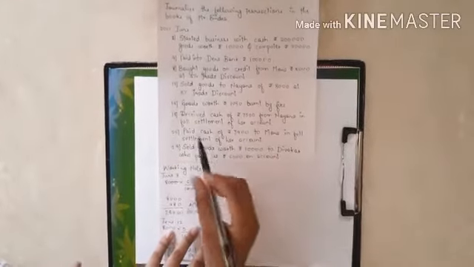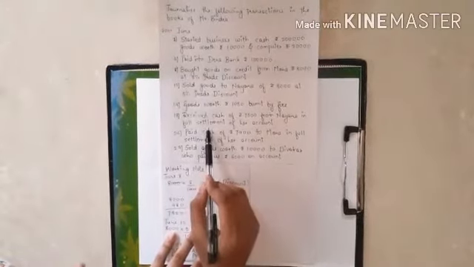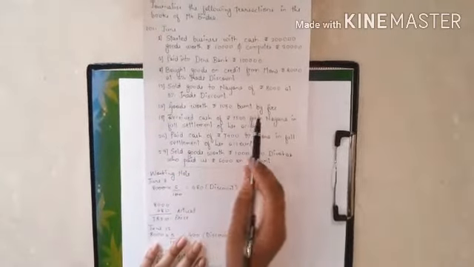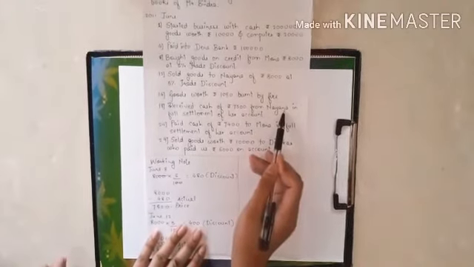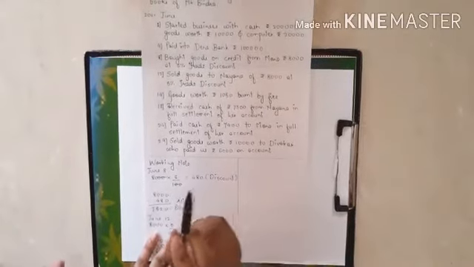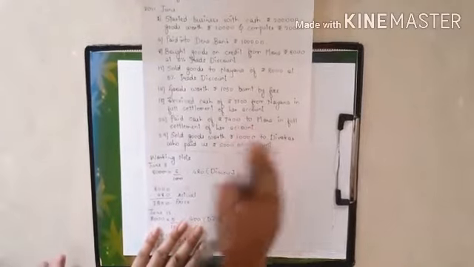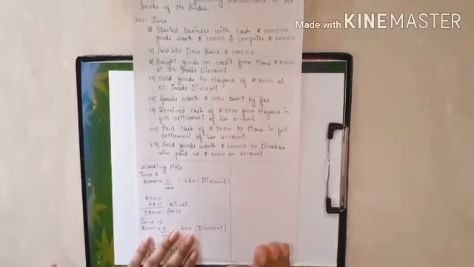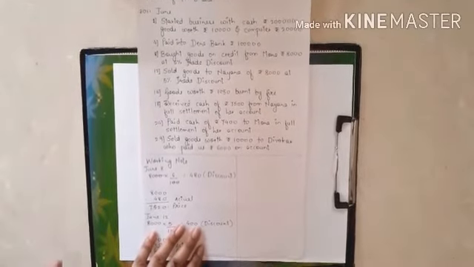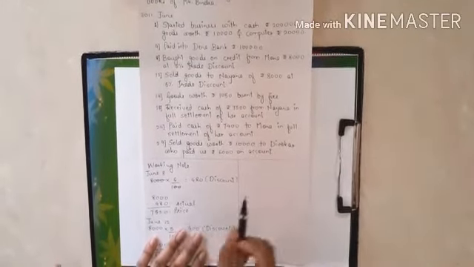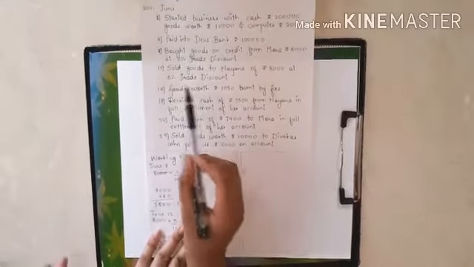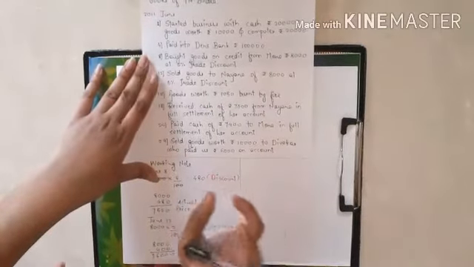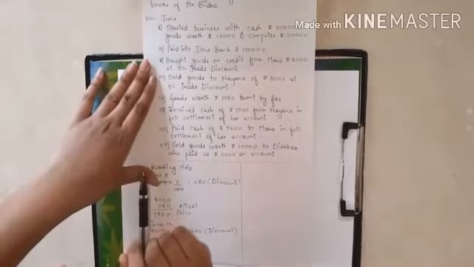Next, this is the next transaction. On 18 June, received cash of rupees 7,500 from Naina in full settlement of her account. Now here Naina has made the complete payment of the amount for the goods she purchased from us. So let's see the previous transaction. Here we sold goods to Naina of rupees 8,000 at 5% trade discount.